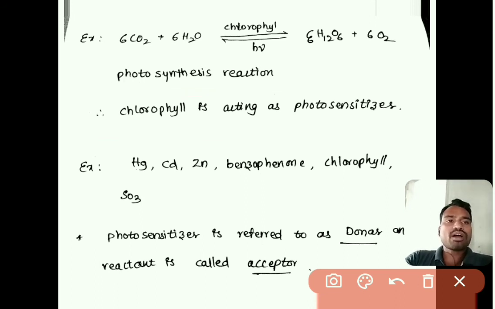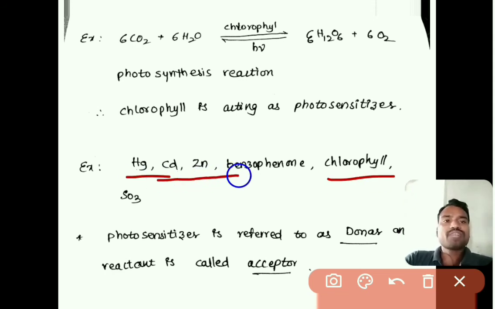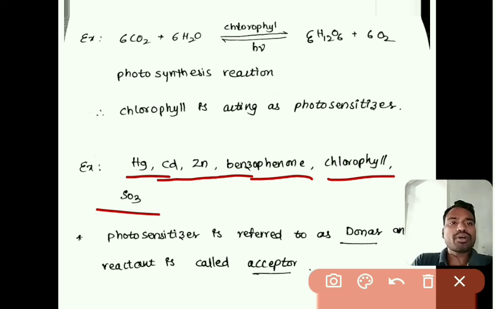Examples of photosensitizers are chlorophyll, mercury, cadmium, zinc, benzophenone, SO3. These types of molecules act as photosensitizers in different reactions.